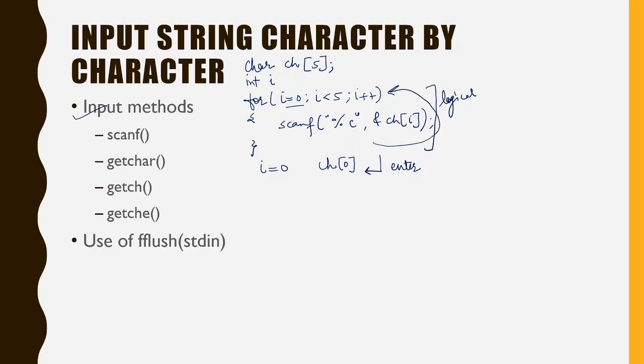In the next iteration, this %c will scan this enter, and it will not ask for i equals to 1. So this enter will get input to ch1.